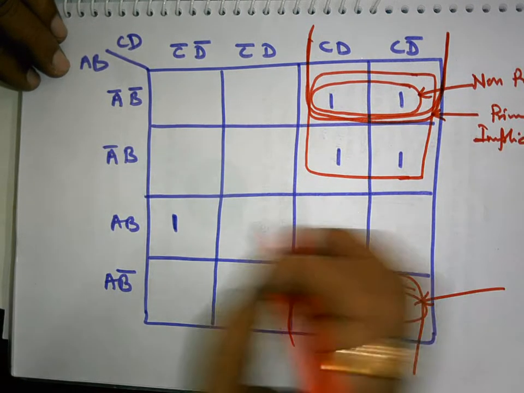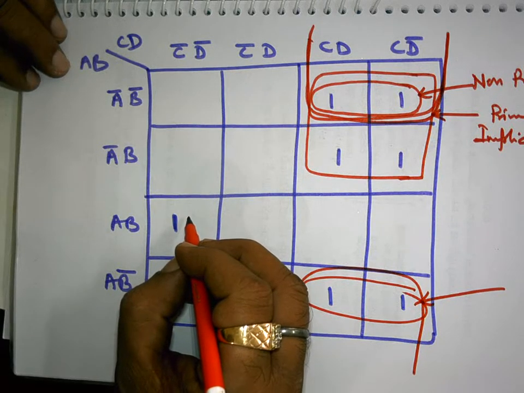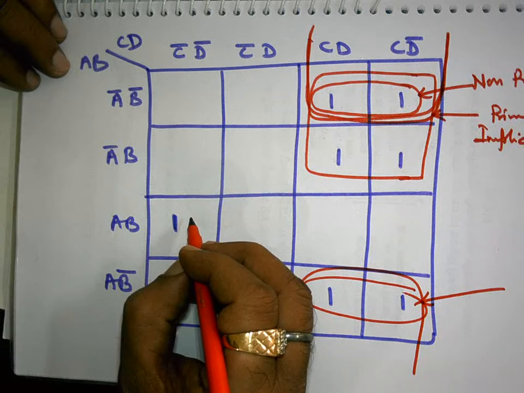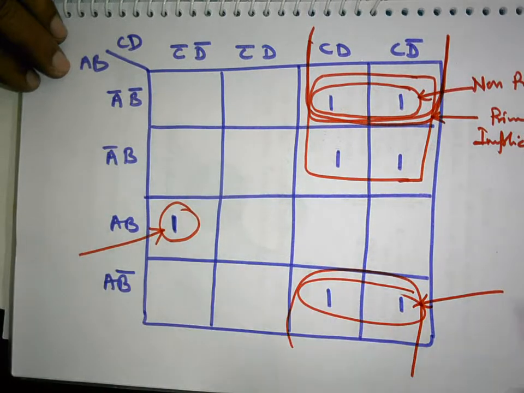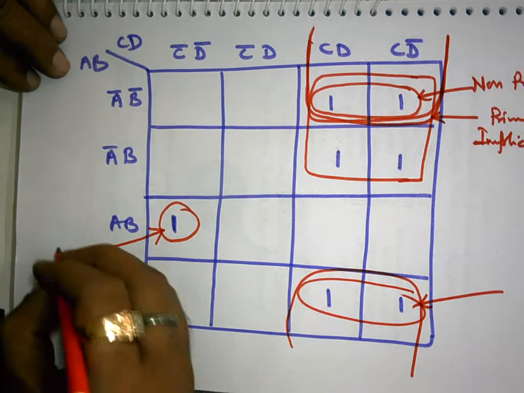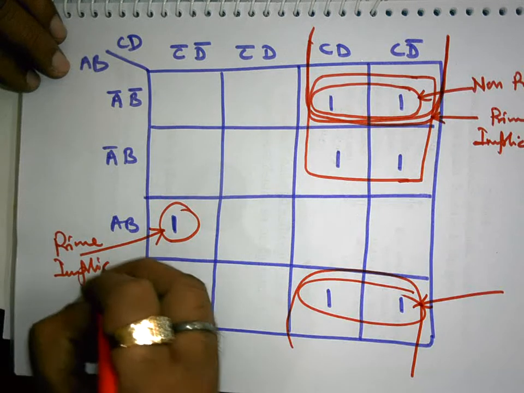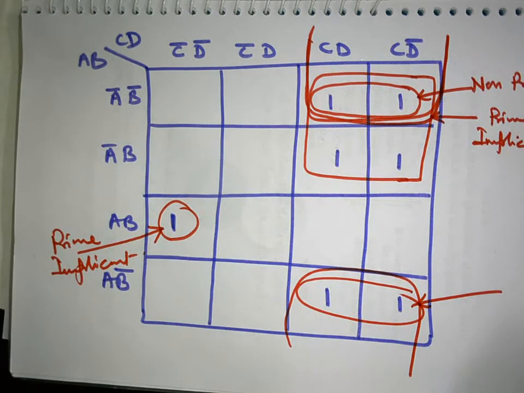But what about this one? This is not the neighbor of any other one, so it cannot form a group with any other one. So this is itself a prime implicant. Now I think it is clear to you what is prime implicant and what is non-prime implicant.